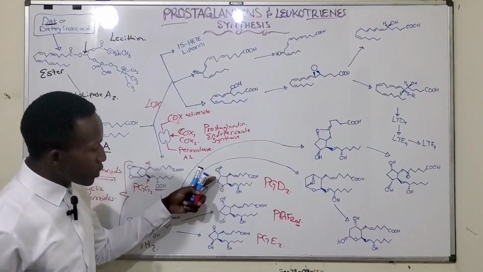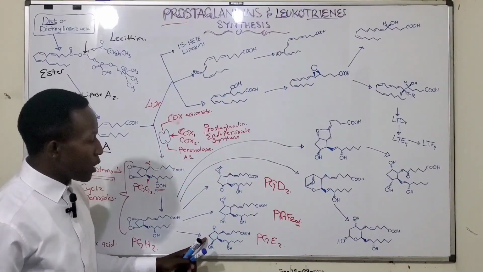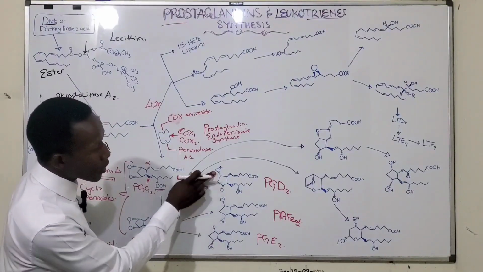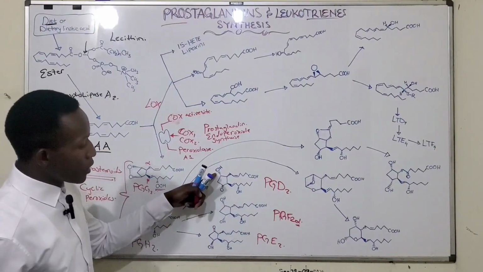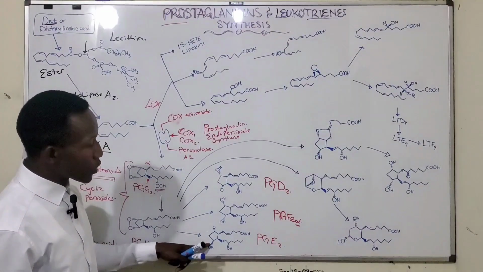Prostaglandin D2 looks similar to prostaglandin E2, but the difference is the OH position.